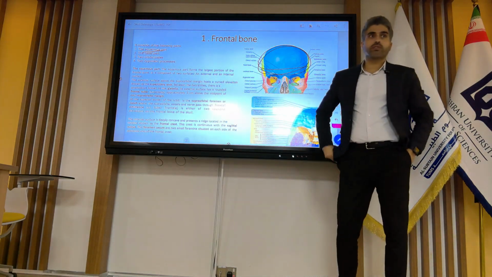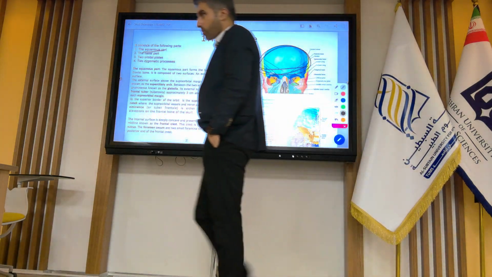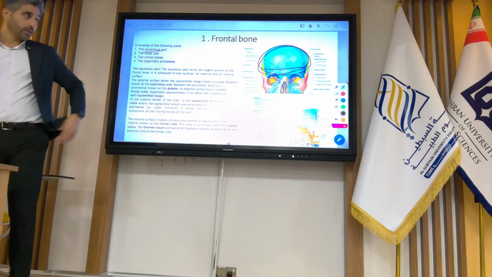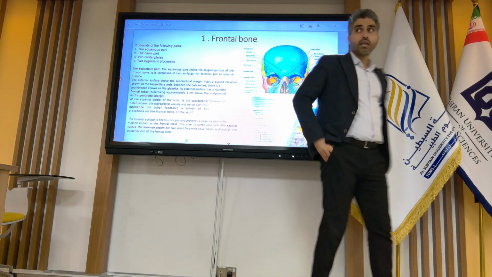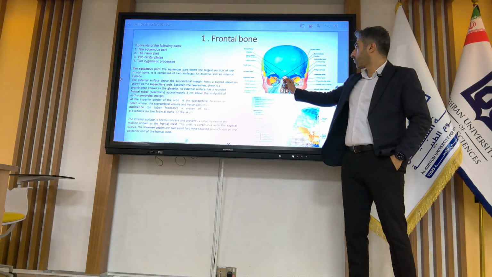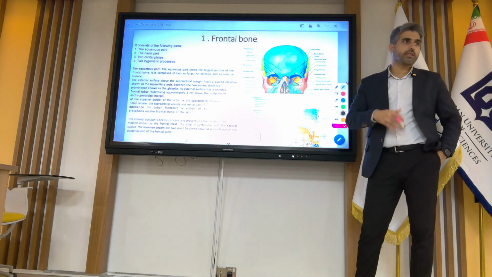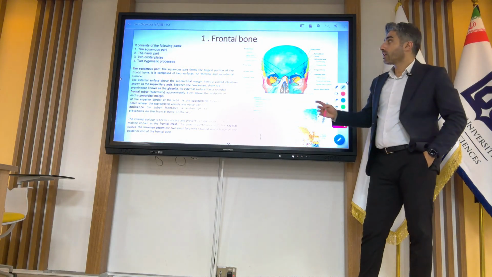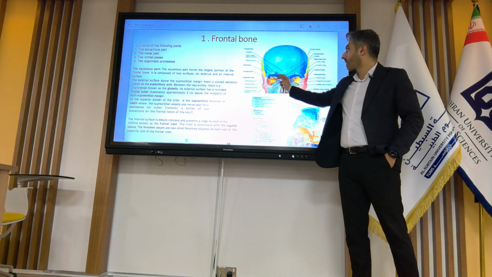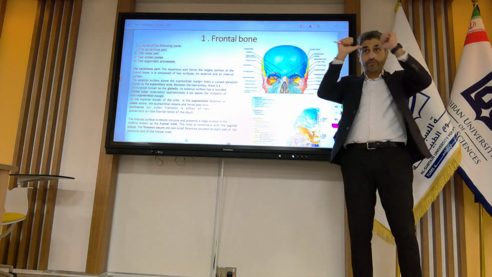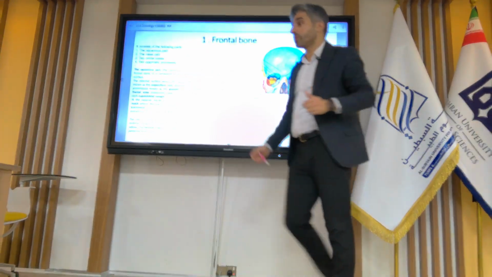Then the nasal part. This part of the frontal bone is nasal because it is attached to the nose. Then the orbital plates. They are the roof of the orbits.